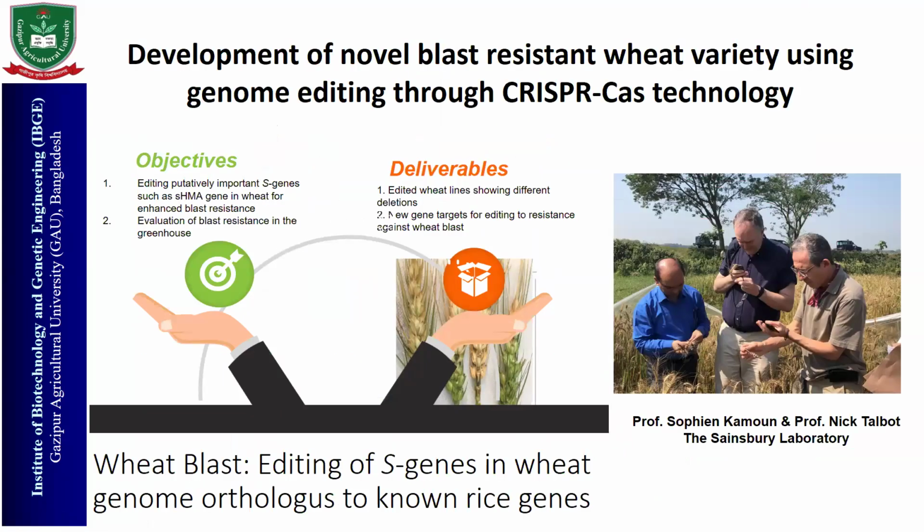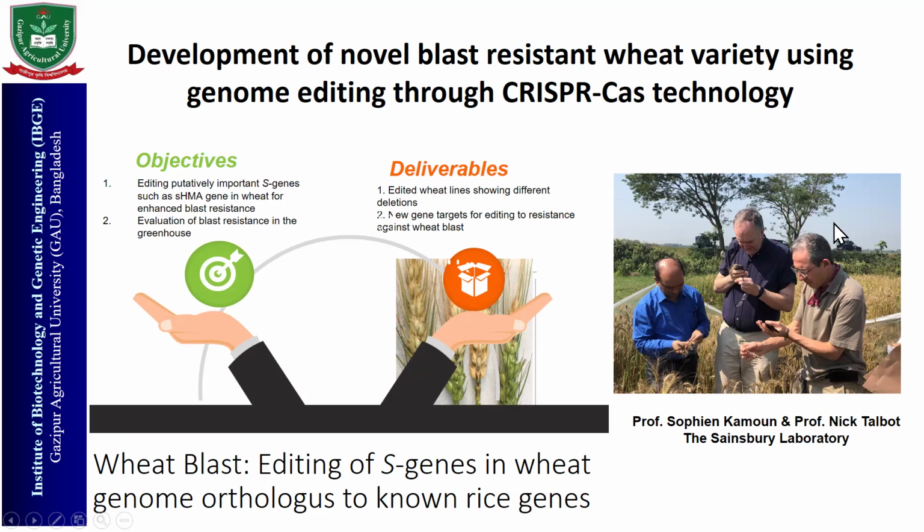After that, we tried to utilize CRISPR-Cas technology to develop blast-resistant varieties by editing the wheat genome. This person, Sophien Kamoun, first utilized CRISPR-Cas technology in editing plants; they published a paper in Nature Biotechnology in 2013.